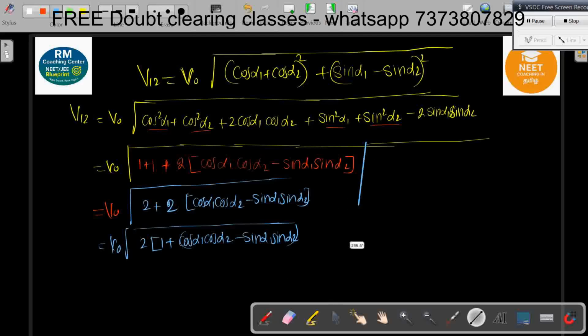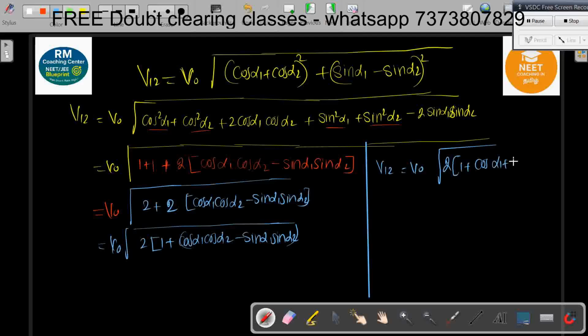I continue here. So the relative velocity v12 is equal to v naught root of 2 of 1 plus cos A plus B. What is 1 plus cos A plus B? Any idea? 1 plus cos A plus B is equal to 2 cos squared of A plus B the whole divided by 2.